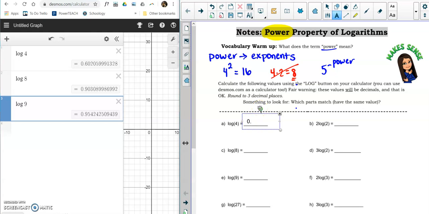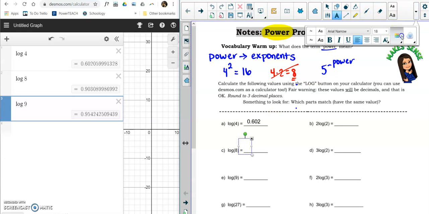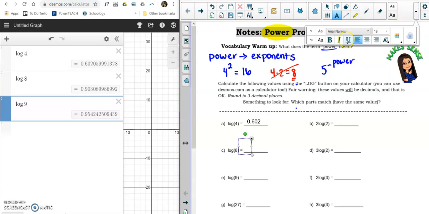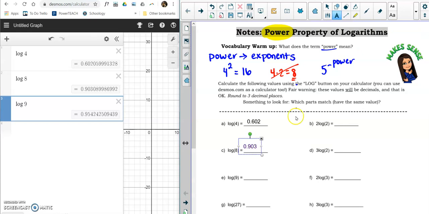So it looks like the log of 4 is 0.602, all right? And the log, let me make these at least some sort of a color, okay? We'll go with purple. It looks like the log of 8 is 0.903.